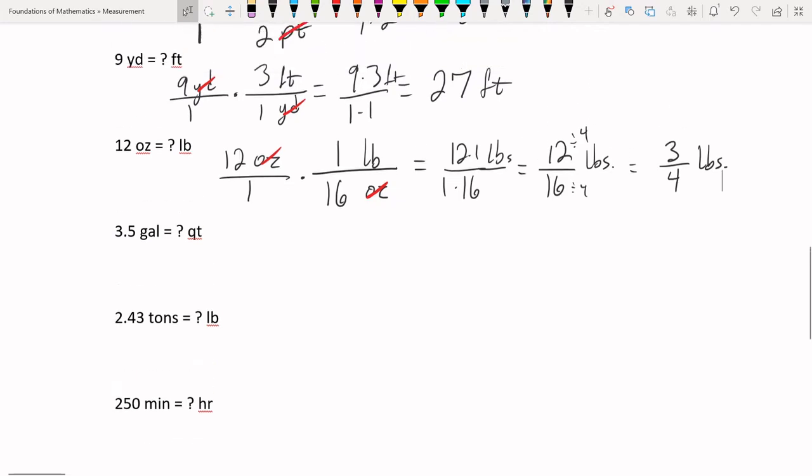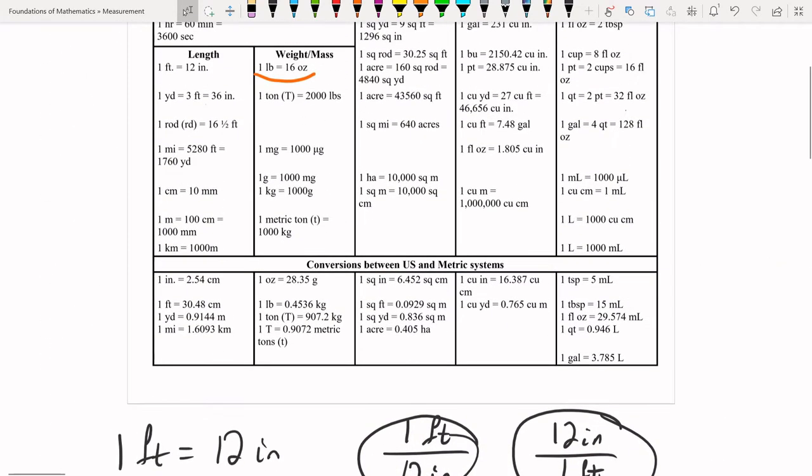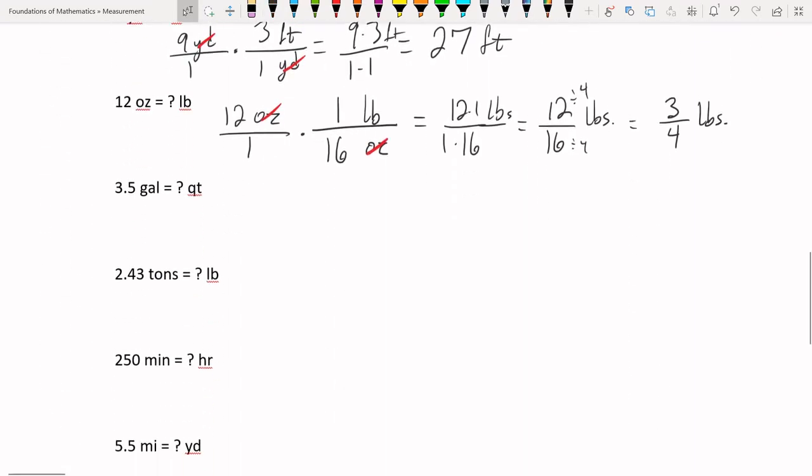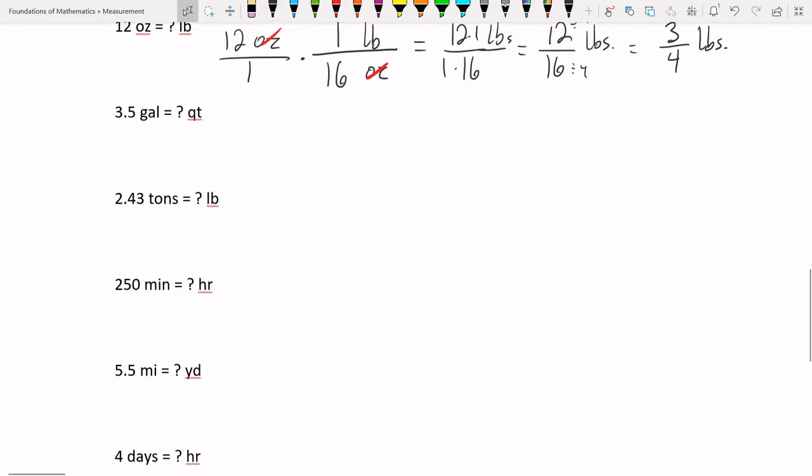All right, 3.5 gallons equals how many quarts? For that one, gallon to quarts. Right here, 1 gallon equals 4 quarts. So 3.5 gallons. Gallon, we want quarts.